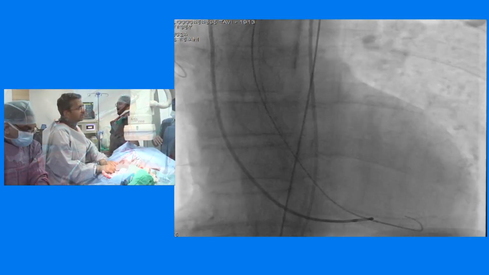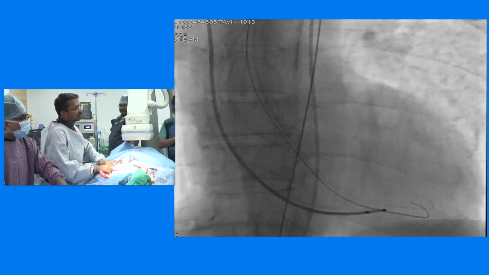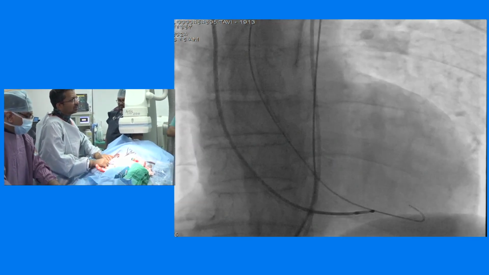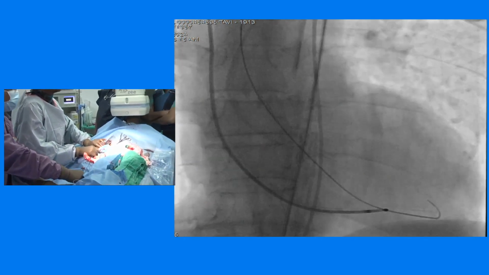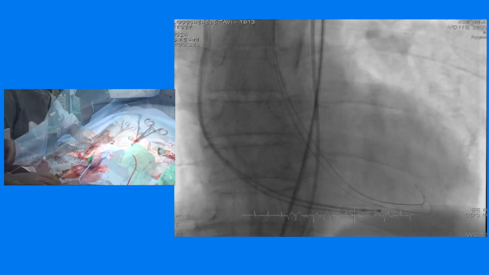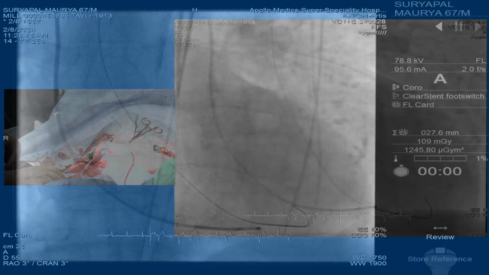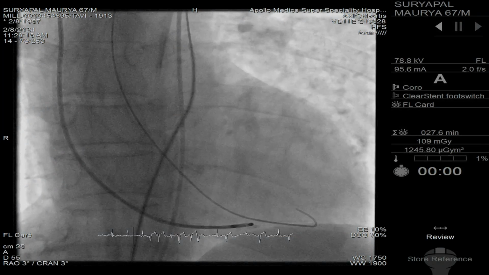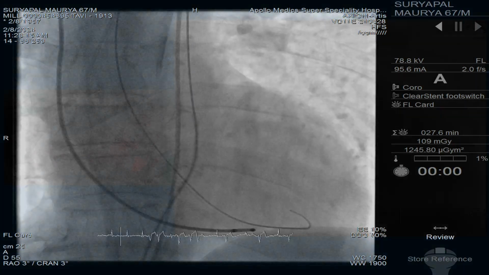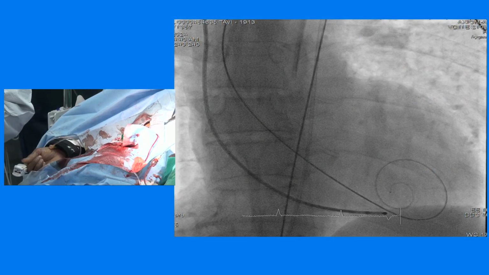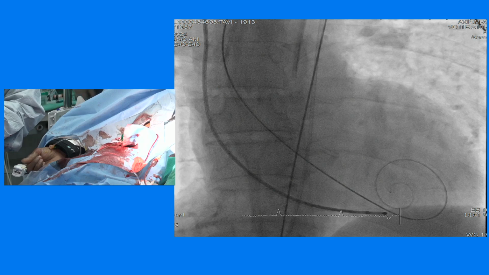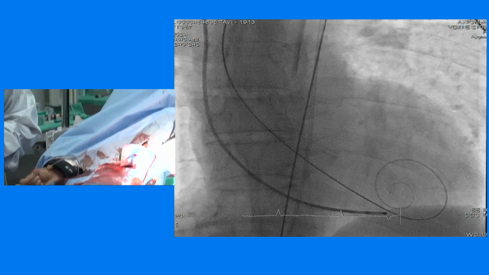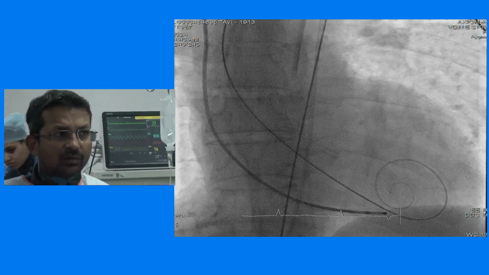Yeah. So, we have crossed the wire with AL1 and the Teflon straight tip, and then we took the pressure gradient, and you have already seen that.